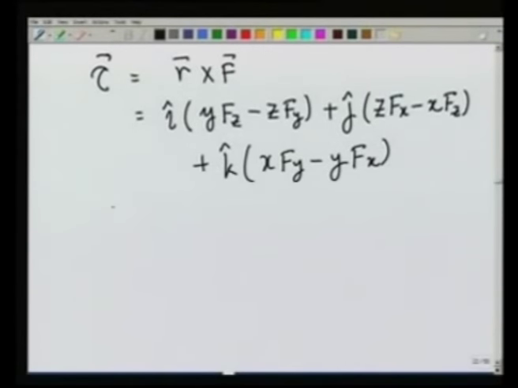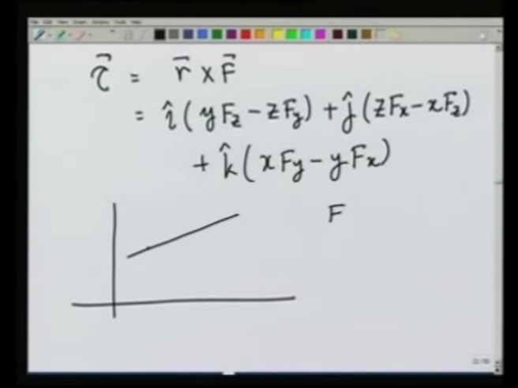So, let us take a simple two dimensional example. Let there be a force of 20 newtons acting along the line passing through (1, 2) and (3, 3).